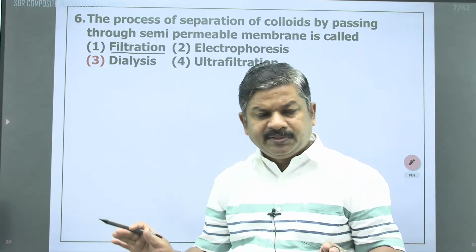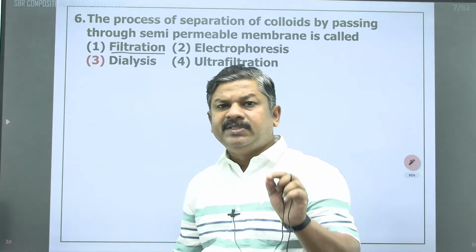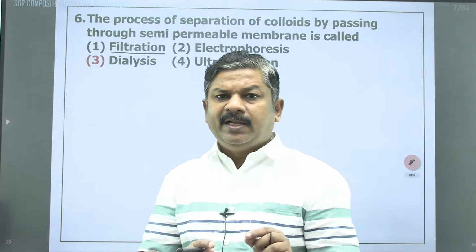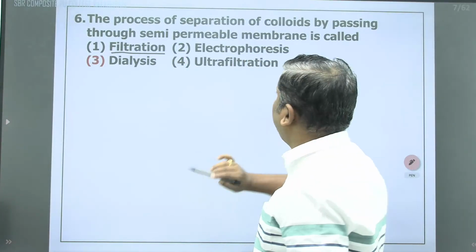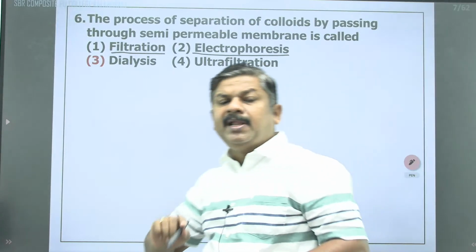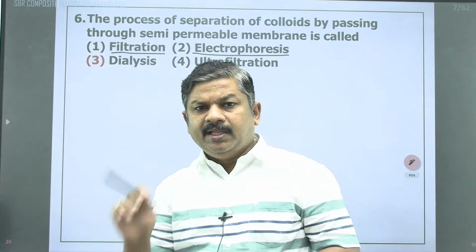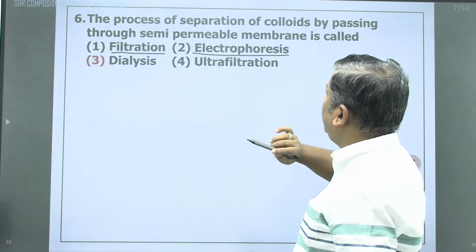It is not possible to filter the colloid this way, because the pores in filter paper are larger. Both true solution particles and colloidal particles pass through the filter paper, so this process is not applicable. Electrophoresis is applicable for detecting the charge present on the colloidal particle, whether the colloid is negatively or positively charged.